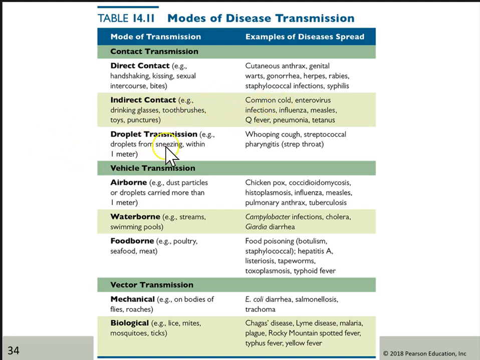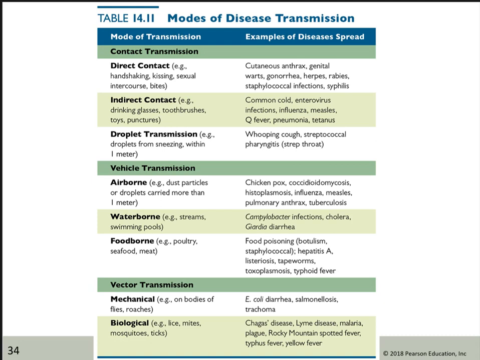And then there's droplet transmission, in which microbes are transmitted in the droplets from sneezing. This is typically reduced to about 1 meter. That's about as far as water droplets can be transmitted. And there are many different diseases that can be spread through droplet transmission, like whooping cough or streptococcal pharyngitis, otherwise known as strep throat.